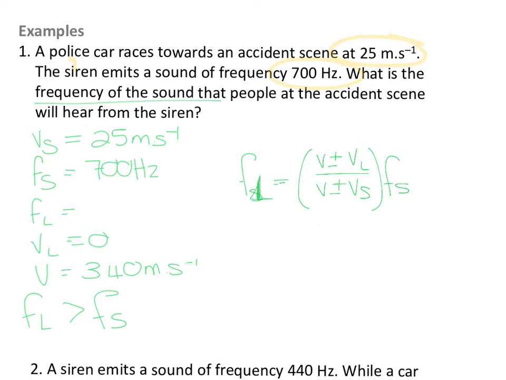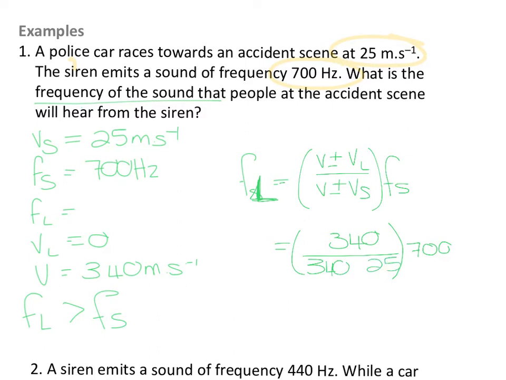Okay, that's an L that I'm looking for. So, if we work backwards, FS is 700. My listener isn't moving, so its velocity is 0. So that means all I have at the top of my fraction is 340. At the bottom, I'm going to have 340 and 25.